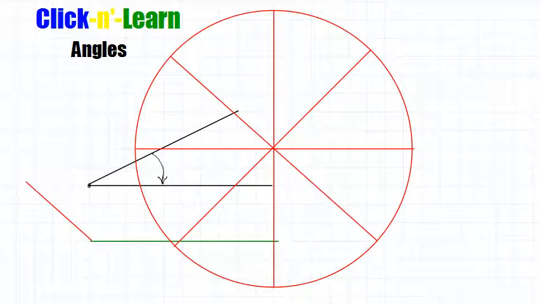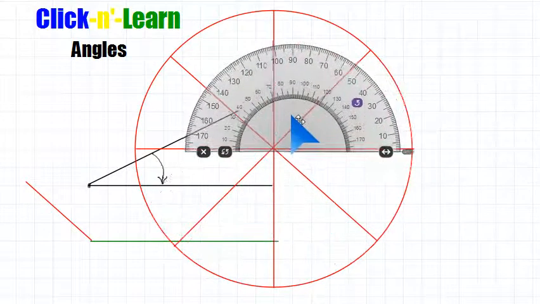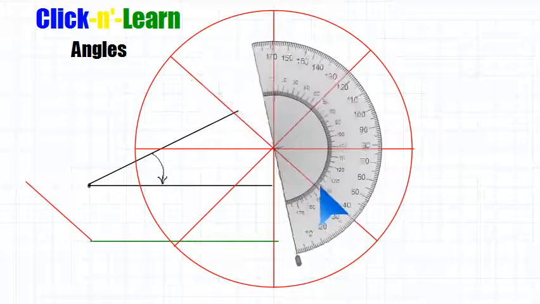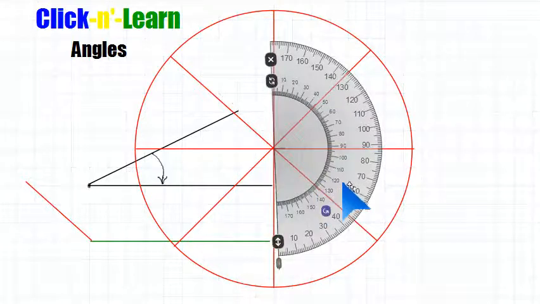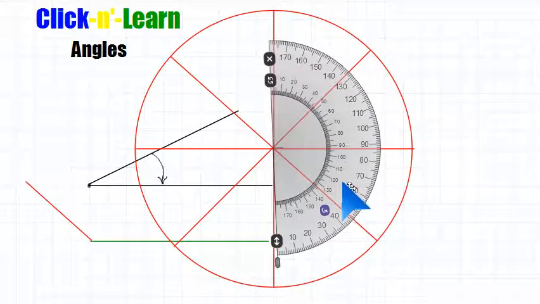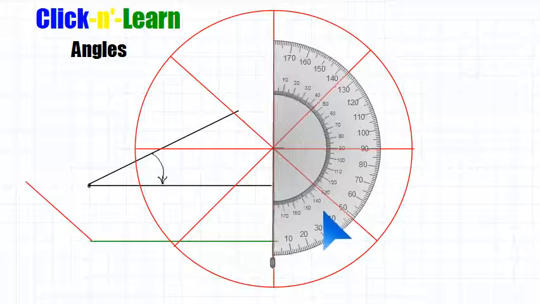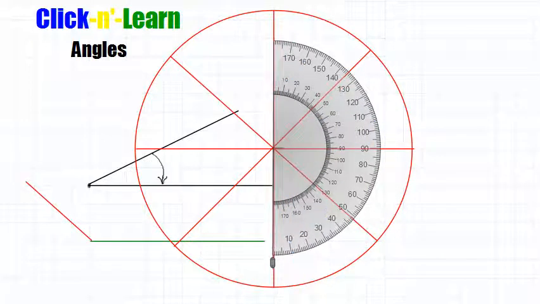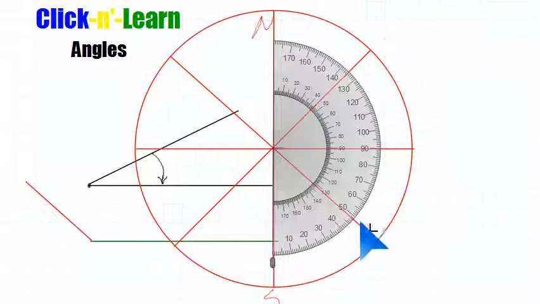And then we can measure the angles from here to there, from there to there, and so on. And these positions would be north, south, east, and west.